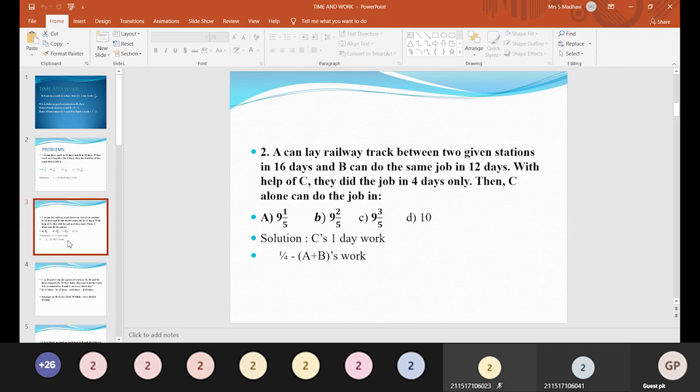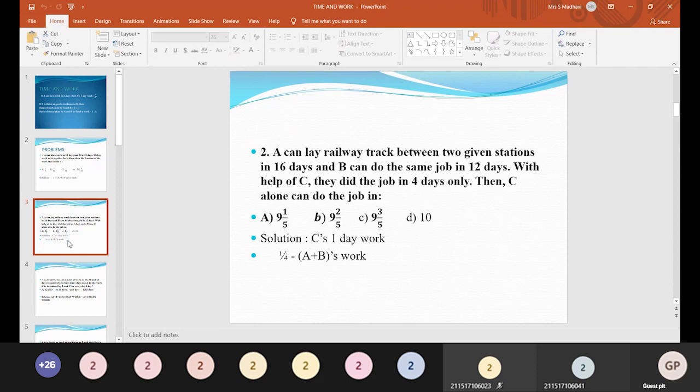So A's 1 day's work is 1 by 16, and B's 1 day's work is 1 by 12. Then we need to calculate C's 1 day's work. C's 1 day's work is A plus B plus C's 1 day's work minus A and B's combined 1 day's work.